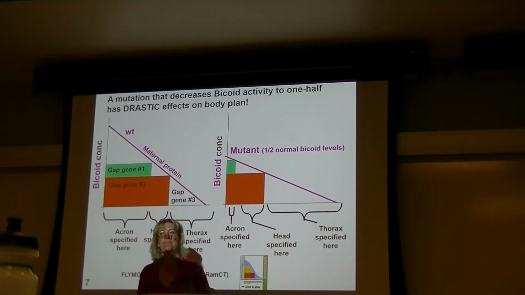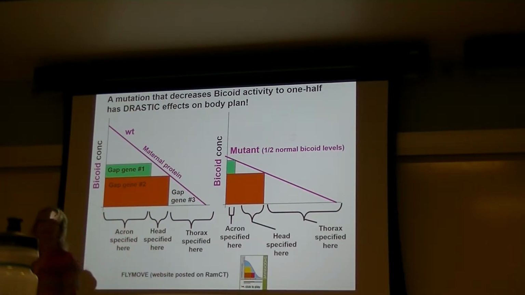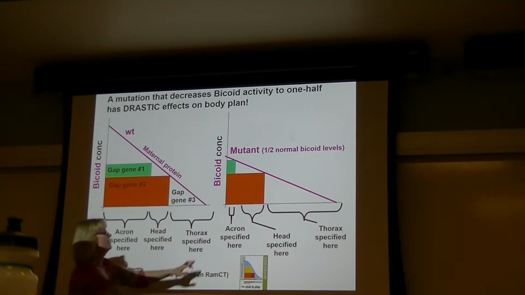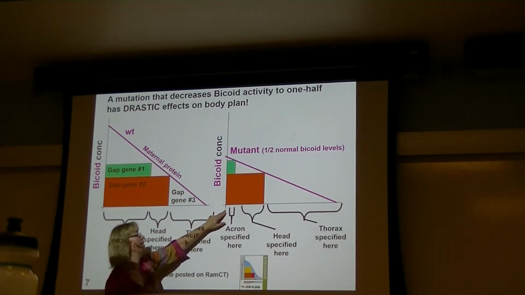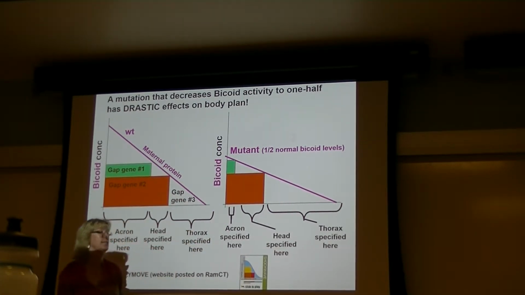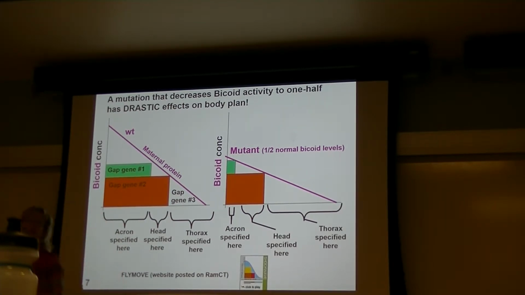Okay. So you can see how by tweaking the morphogen level, you automatically tweak the expression of all the downstream target genes as well. So now, this will give us a very narrow group of cells for making acron, gap gene 1 plus gap gene 2.